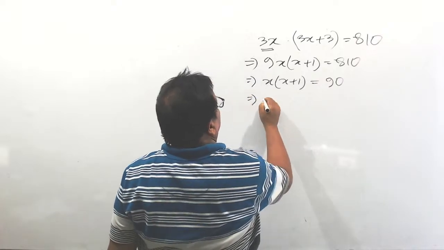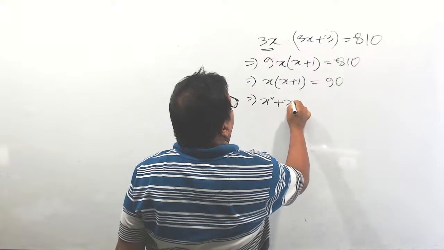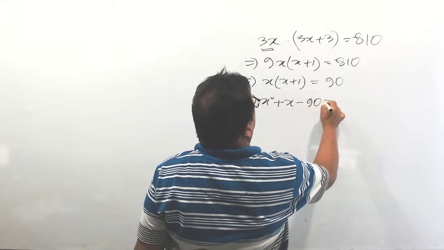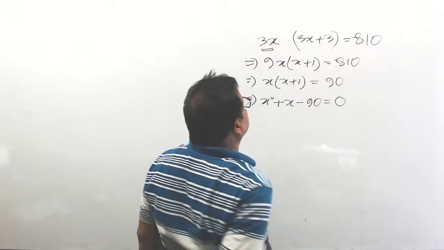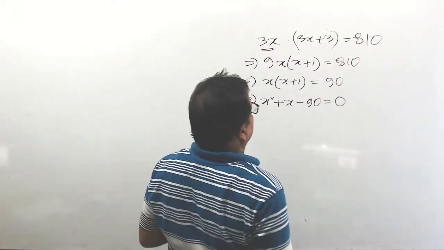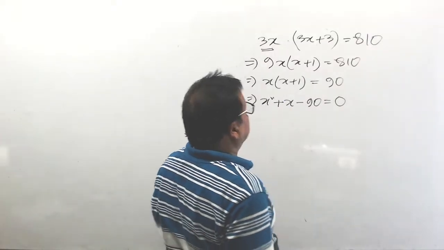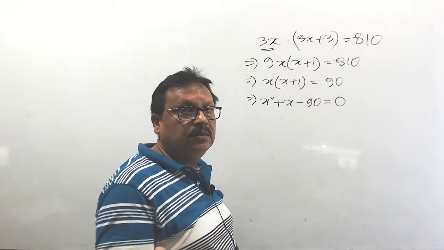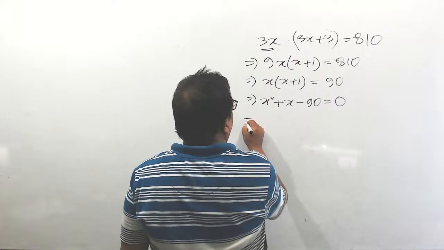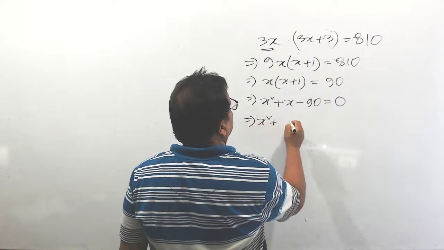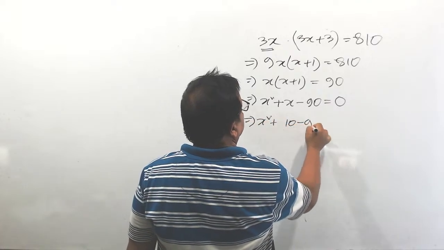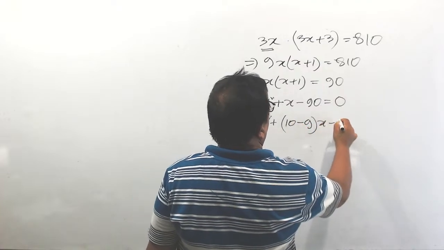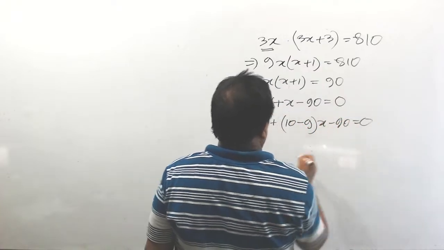Now x square plus x minus 90 is equal to 0. You have to bring 1. Or 90, 9 into 10. 9 into 10. This implies x square plus 10 minus 9 into x minus 90 equal to 0.